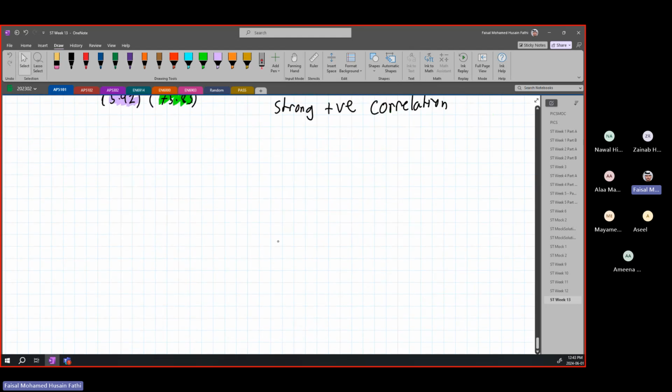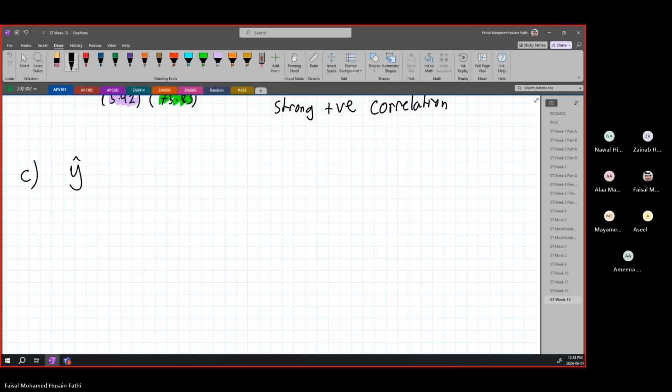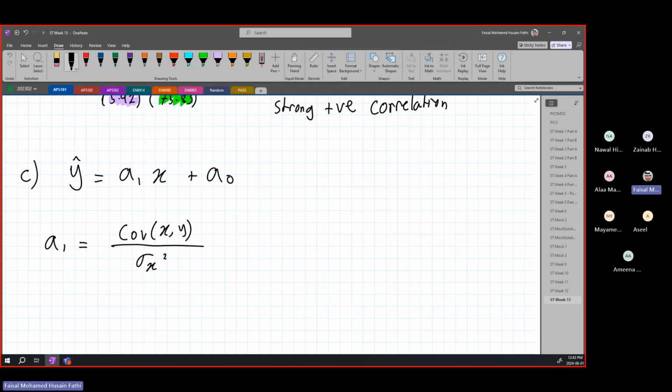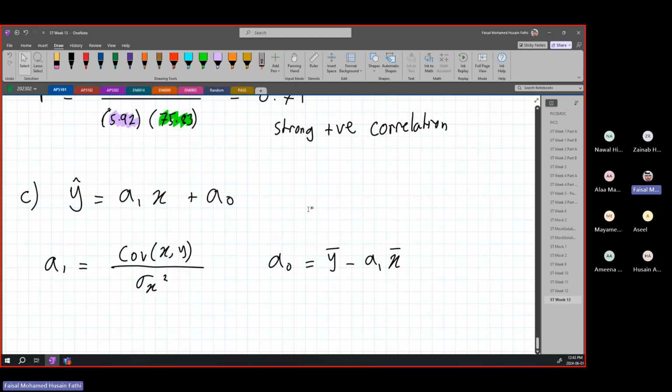So in other words, we need to find Y is equal to a1x plus a0, right? Where we know that a1 is equal to the covariance of xy divided by the standard deviation of x squared, and a0 is equal to y bar minus a1 x bar. And that's it. And you can find your equation very easily.